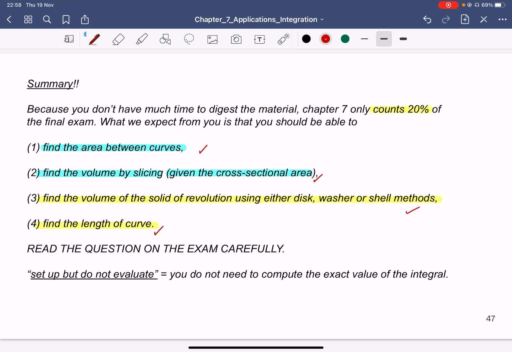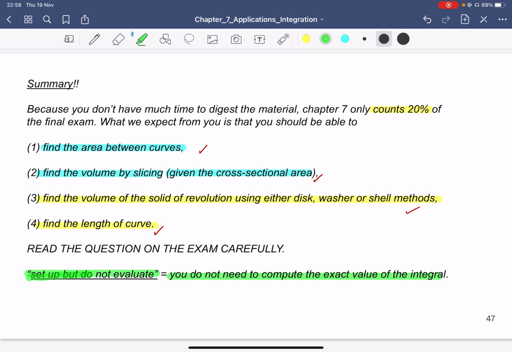All right, again, one more time. If the question says set up but do not evaluate, you do not need to compute the exact value of the integral. Just leave what you set up to save your time. If you keep going, there are no extra points, because we can just ask you to set up but do not evaluate.